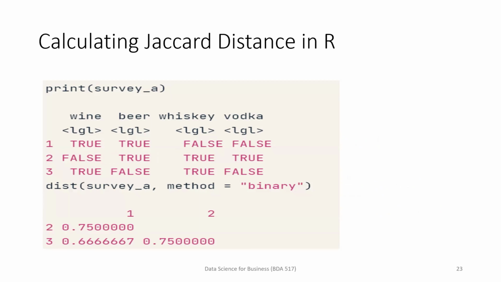So where you have categorical variables like what we have here, you can determine the distance by specifying your method argument to be binary. It's still the same distance function. This is the data, the survey, which is just these categorical variables, and then the method is binary.